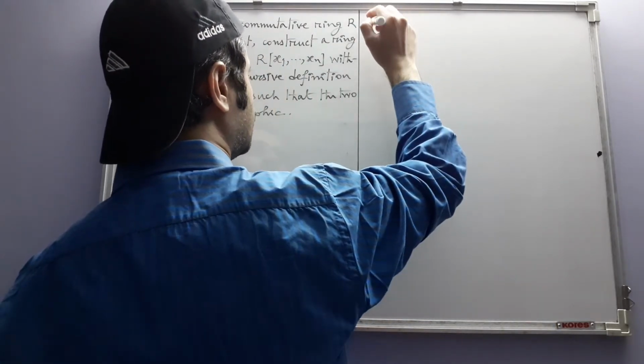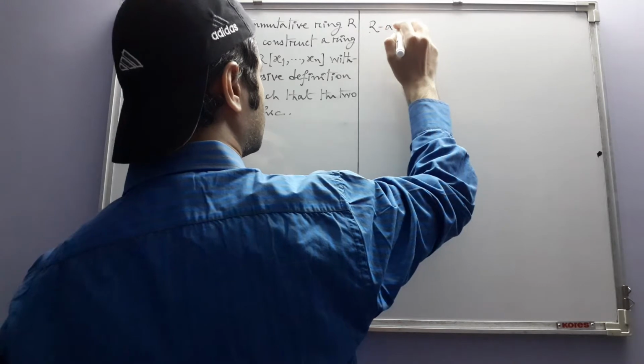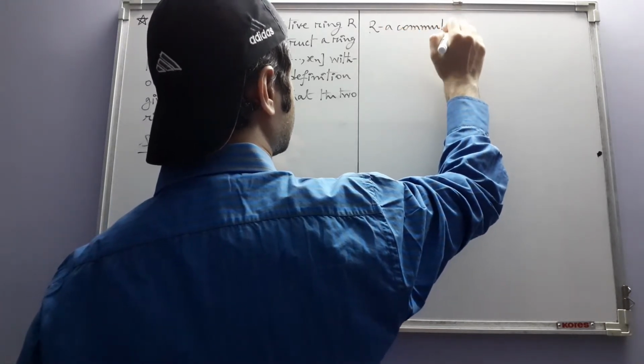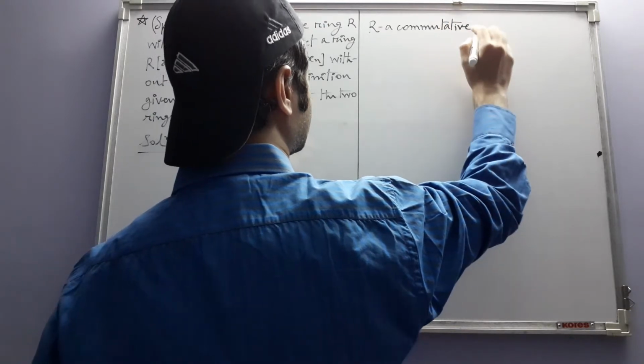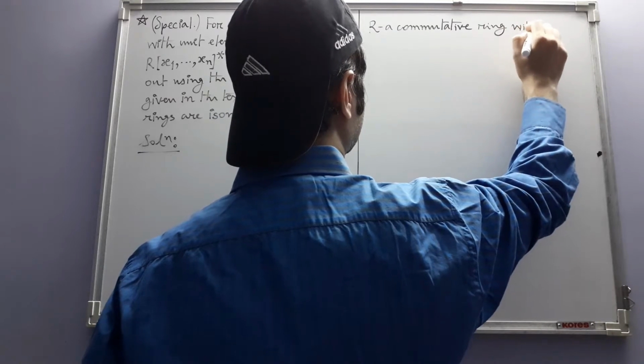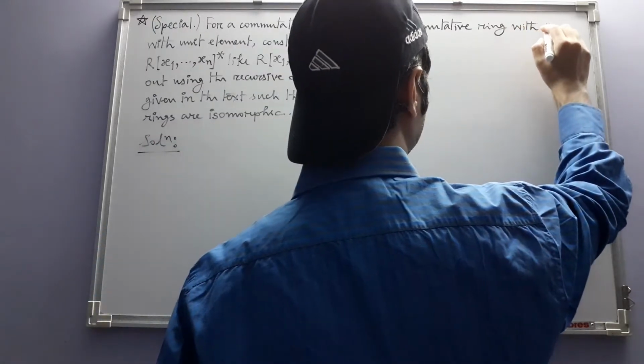We start with a commutative ring with unit element.